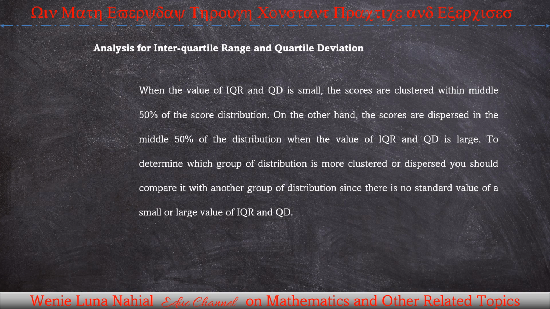To determine which group of distribution is more clustered or dispersed, you should compare it with another group of distribution since there is no standard value of a small or large value of IQR and QD.